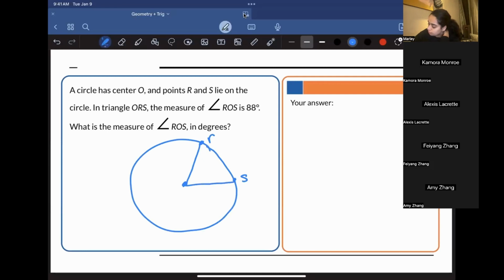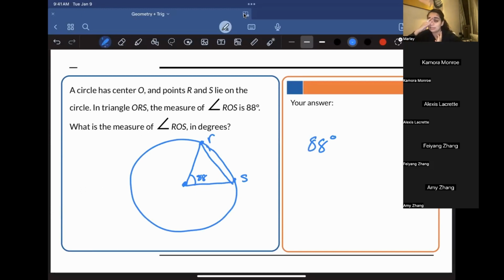This angle is 88 degrees. And it asks us what's the measure of ROS in degrees, which would also be 88 degrees. So those of you who answered that, that's correct.